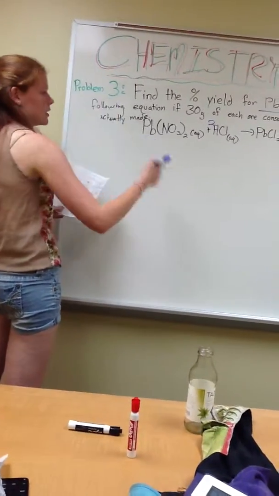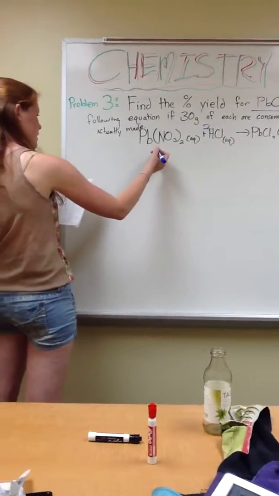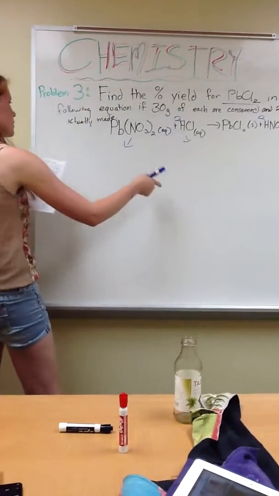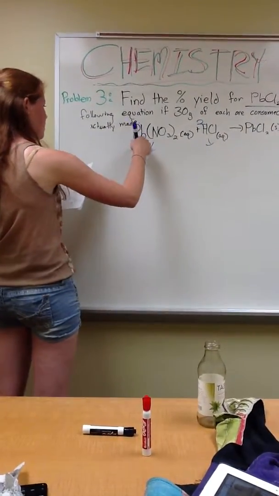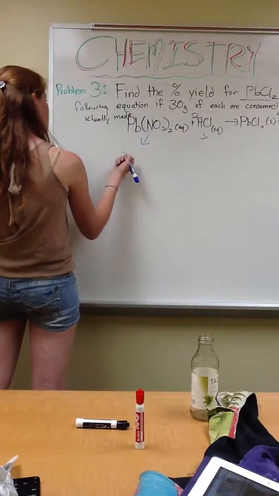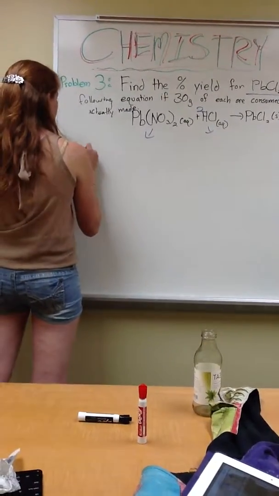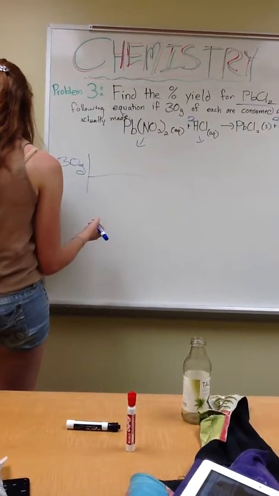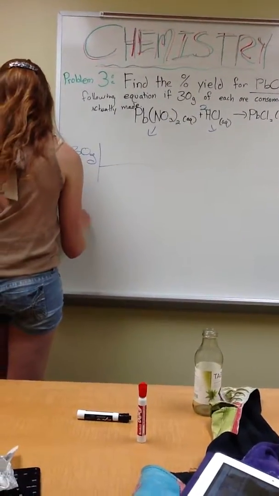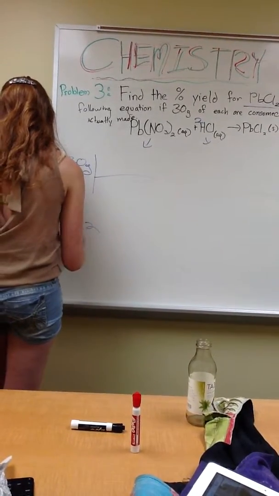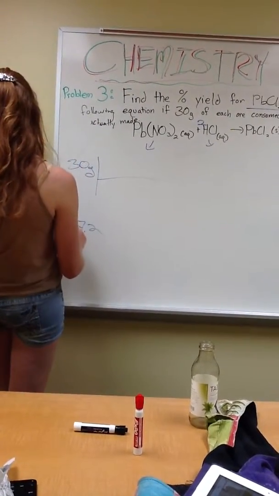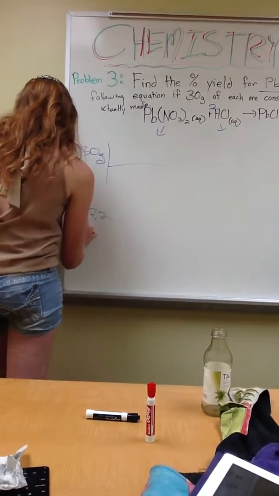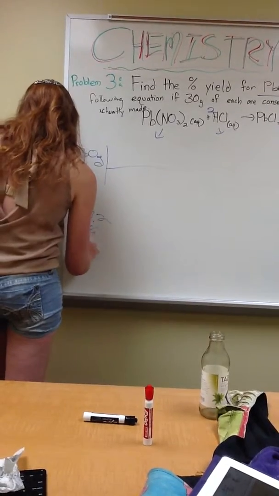So now that we have that balanced, we're going to need to find the moles for this one and the moles for this one in order to see which one's the limiting reactant. So in order to do that, we're going to need the molar mass. So right now we have 30 grams of this, and we're going to divide it by the molar mass, which is 28 plus 6.